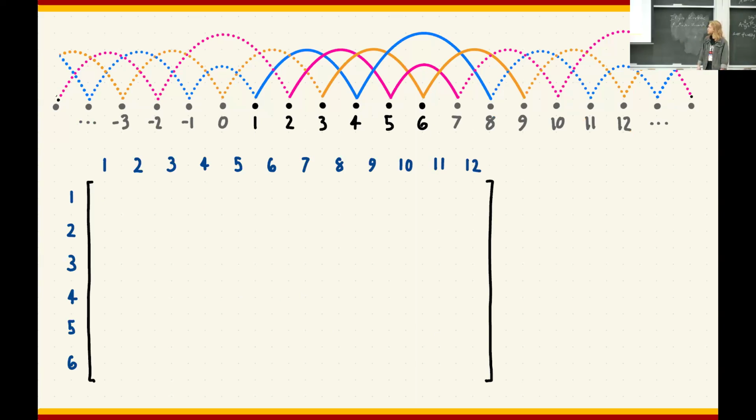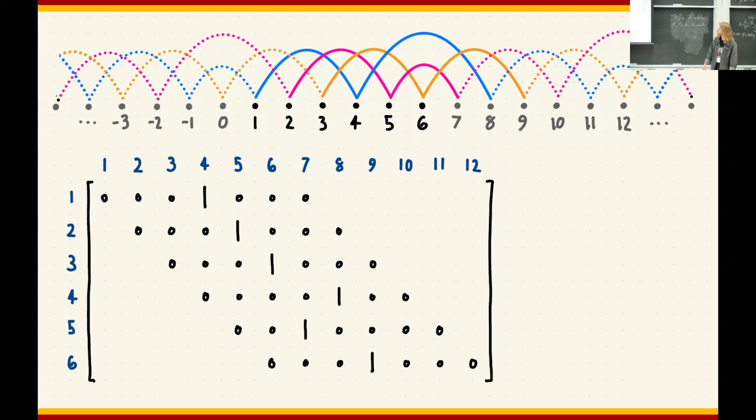And then in order to populate our matrix, we're going to put a 1 in entry ij, so in row i and column j, if we throw a ball at time i and catch it at time j. So here is the permutation matrix for this juggling pattern.